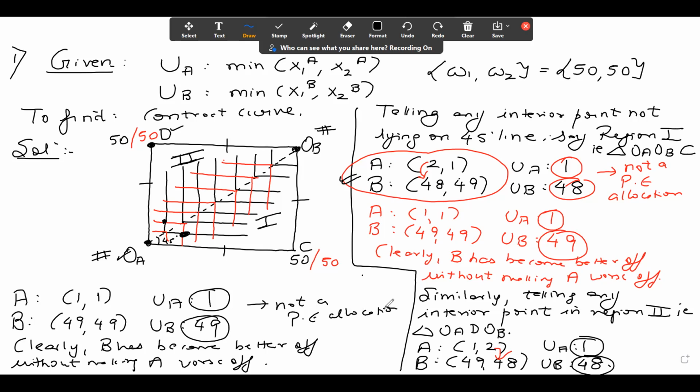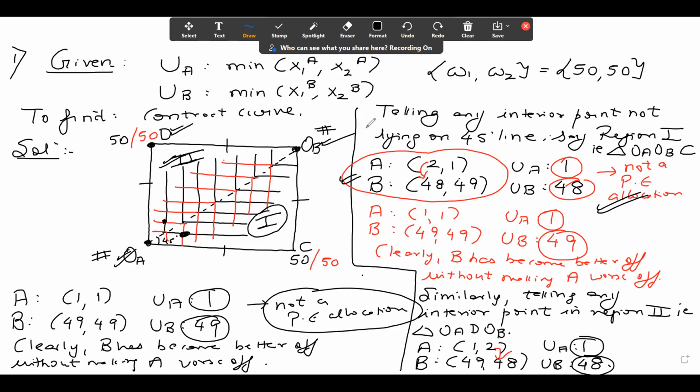So what we have shown is that any point on the 45-degree line is Pareto efficient. But if I take any random point in region 1, it is not Pareto efficient. If I take any random point in region 2, it is again not Pareto efficient. Where region 1 is my triangle OA OB C and region 2 is my triangle OA D OB.